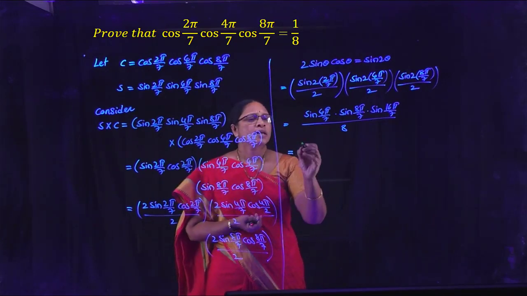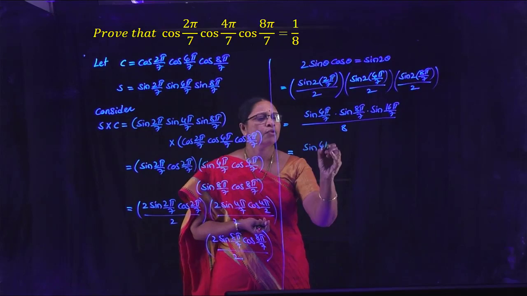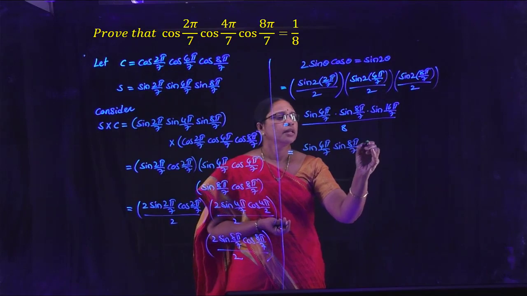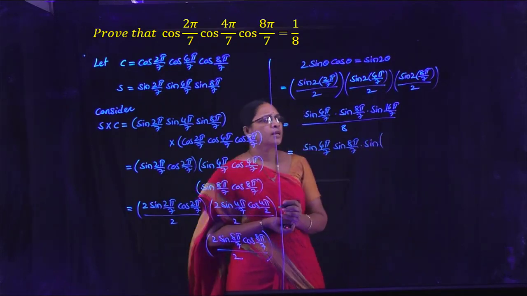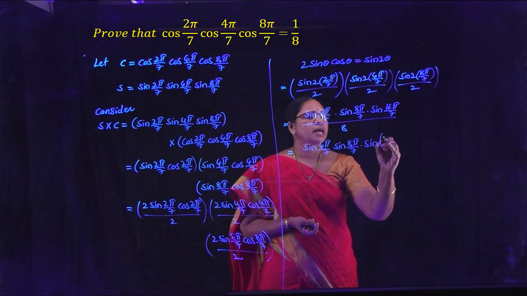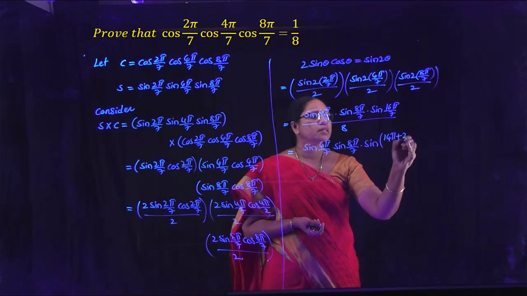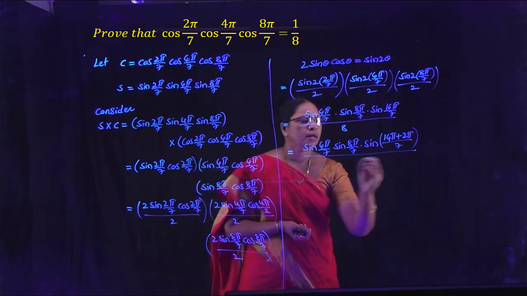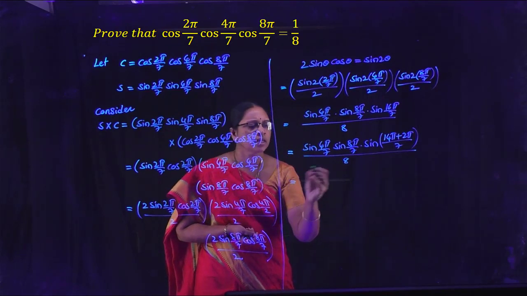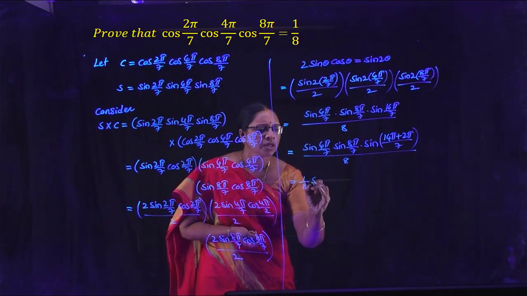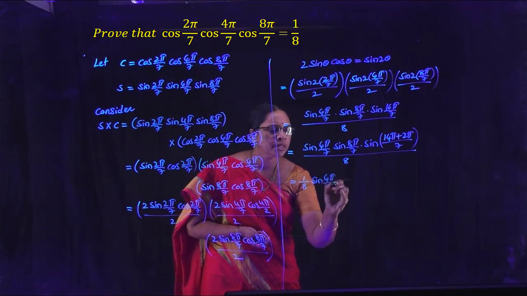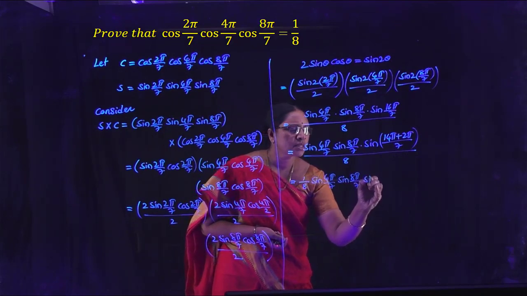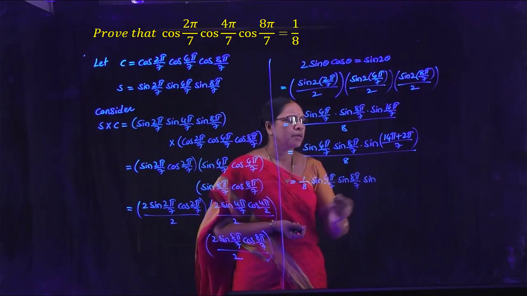For this, we can write 16 pi by 7 as 14 pi plus 2 pi by 7. That is equal to 1 by 8 into sin 4 pi by 7 into sin 8 pi by 7 into sin of 14 pi plus 2 pi by 7.